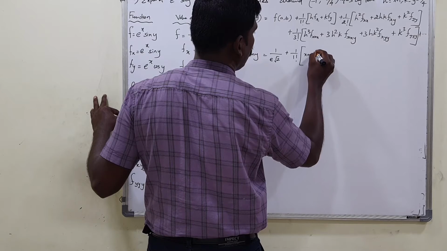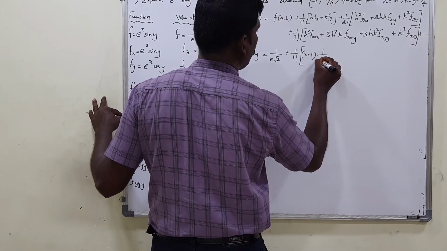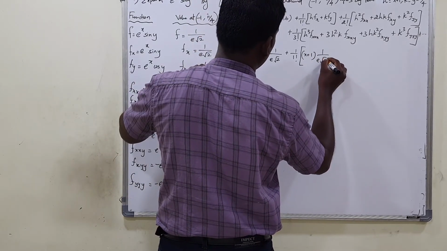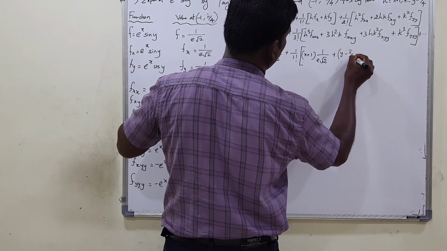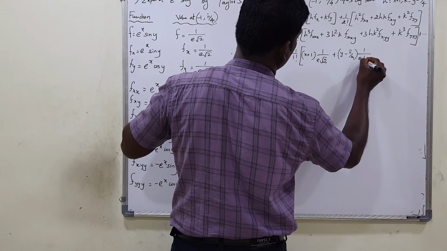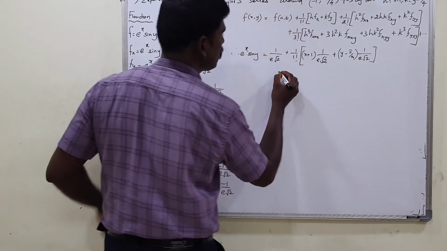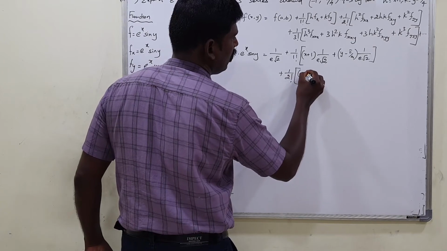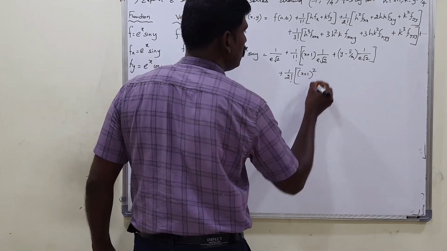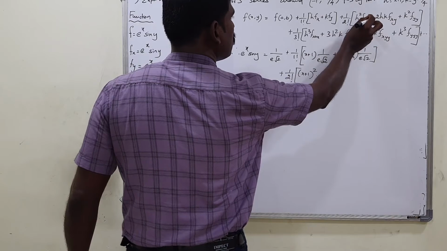So x plus 1 into 1 by e root 2 plus y minus pi by 4 into 1 by e root 2, plus 1 by 2 factorial into x plus 1 the whole square into f double x, isn't it?